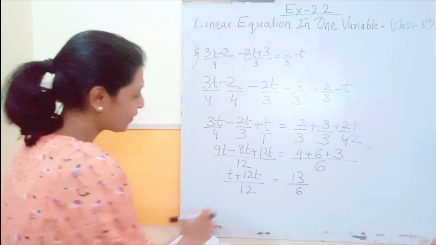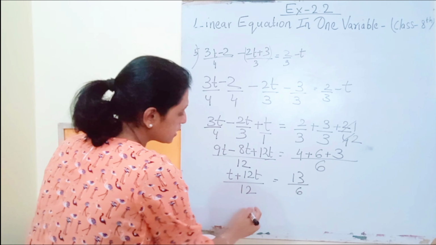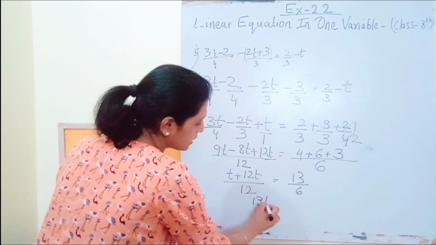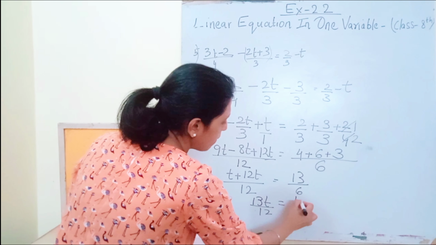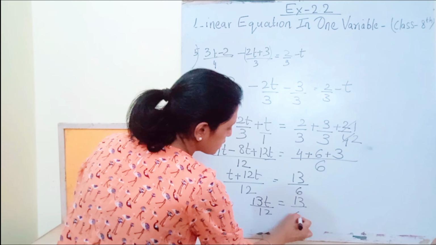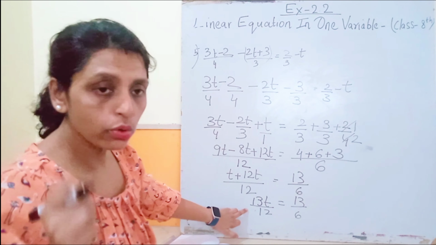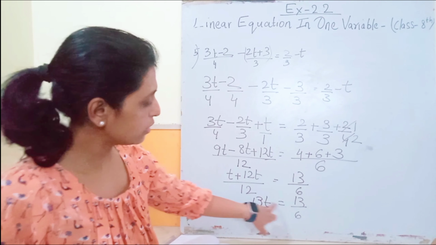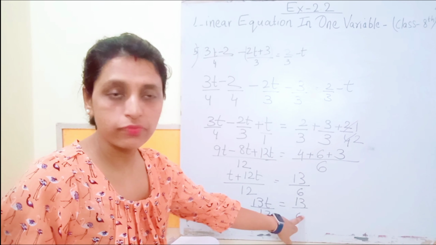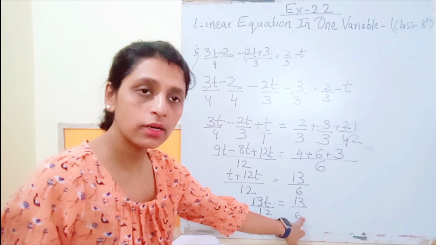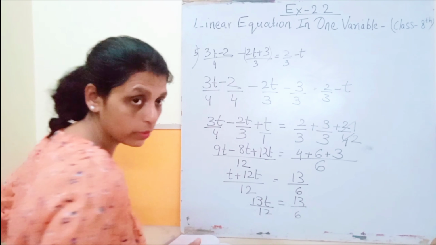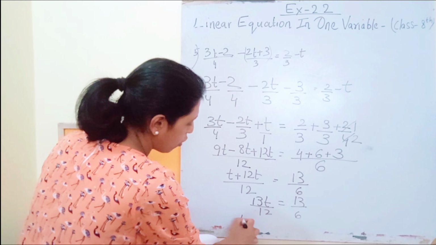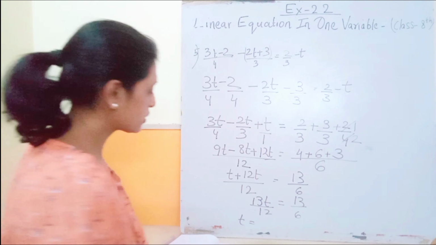Now 12t plus t is your 13t, and 13t upon 12 is equal to 13 upon 6. Now I told you that 13 is multiplied here, so when it transfers sides, it will go to the denominator, and 12 is divided here, so it will be multiplied with 13 here. Or you can say that simply cross multiplication will do.